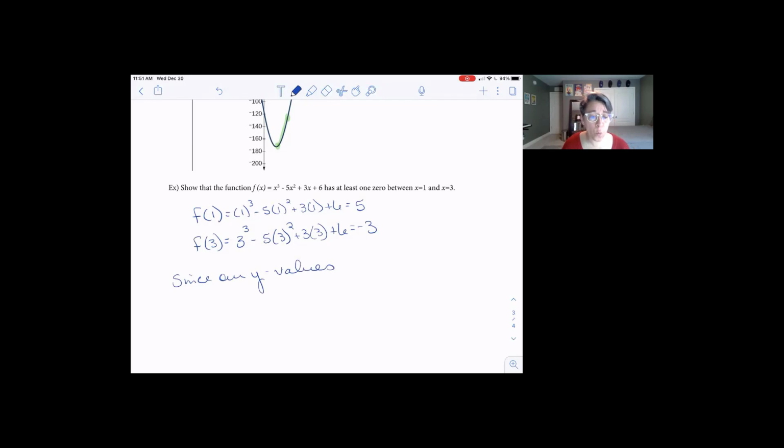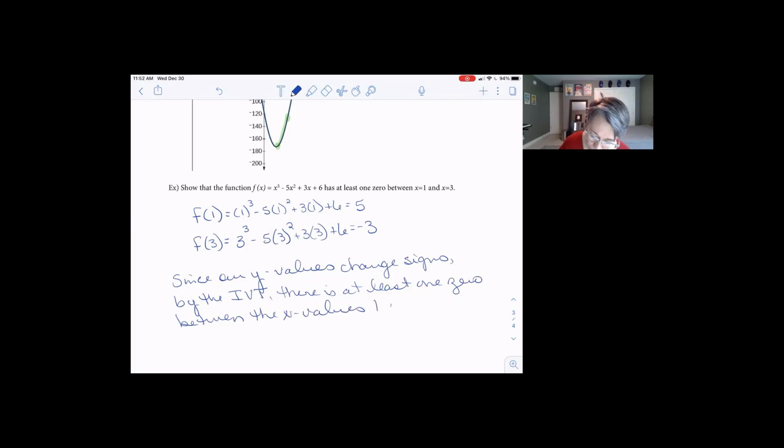So since our y values change signs, by the intermediate value theorem, or IVT, there is at least 1 0 between the x values 1 and 3.